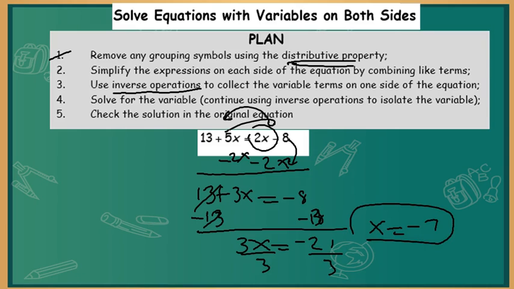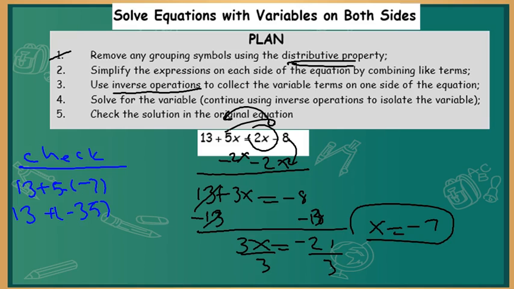So of course we have to check our answers by plugging the value we just found back into the original equation. So check. 13 plus 5 times negative 7. 5 times negative 7 is negative 35.